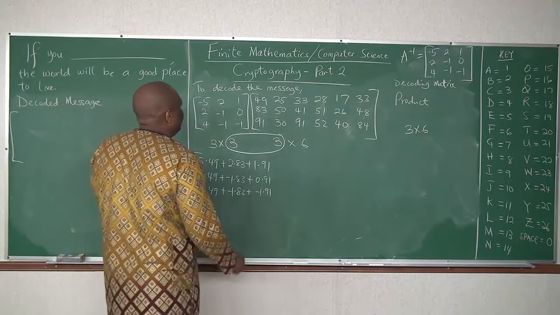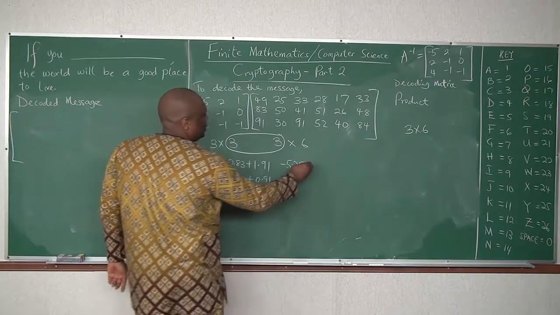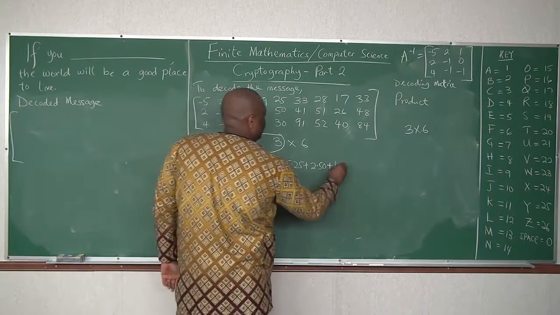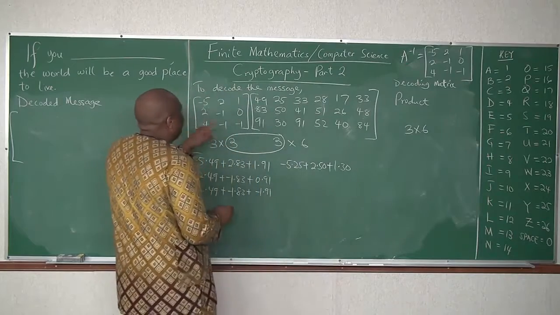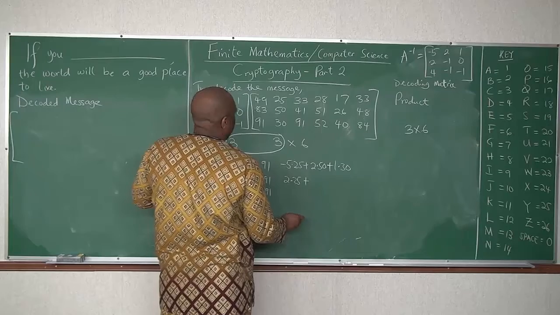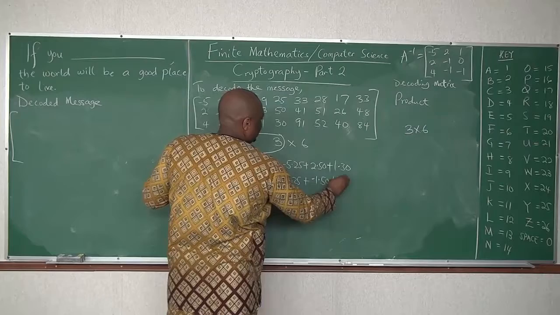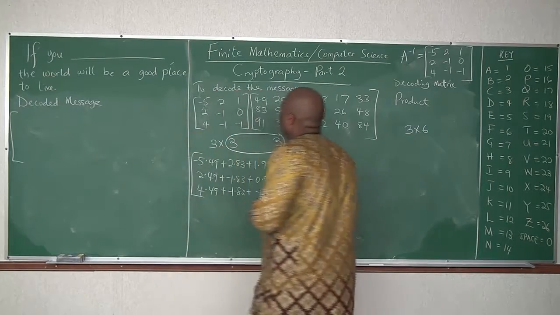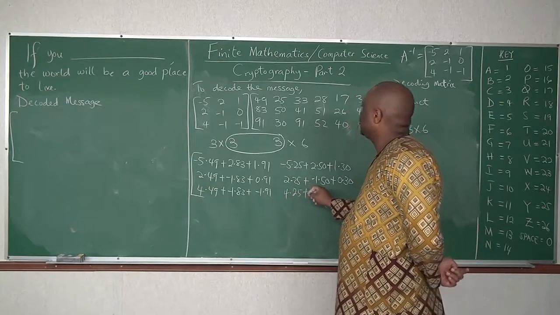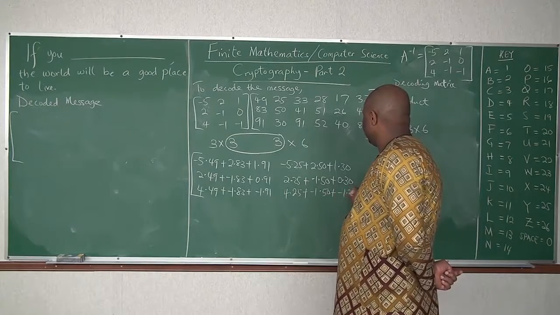Then we have a -5 times 25 plus 2 times 50 plus 1 times 30, then 2 times 25 plus -1 times 50 plus 0 times 30, then 4 times 25 plus -1 times 50 plus -1 times 30.